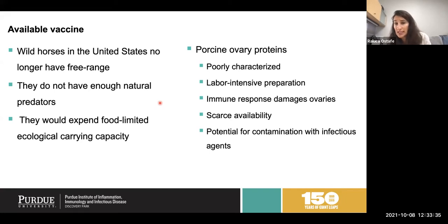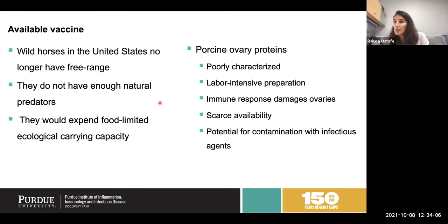There are vaccines that are currently being used. Those are based on porcine ovary proteins, where they take the ovaries from pigs at slaughterhouses, homogenize them, mix them with different adjuvants, and try to inject horses. However, these vaccines are very poorly characterized. They are not very efficient, probably because they are not clearly defined.